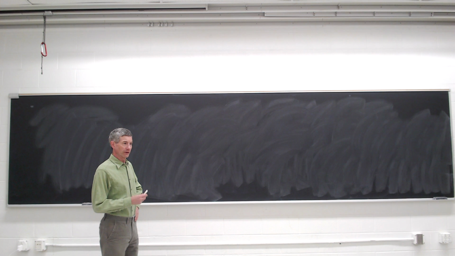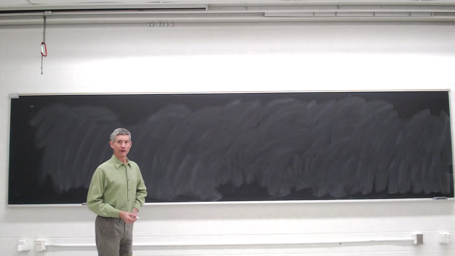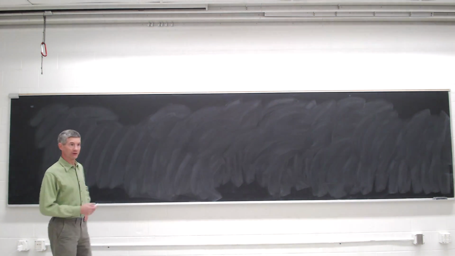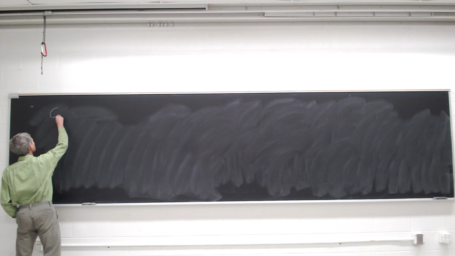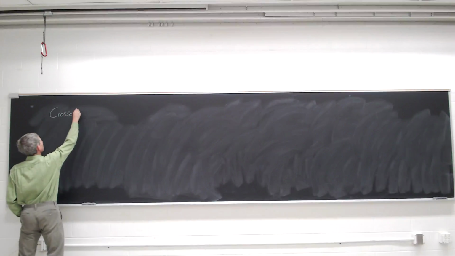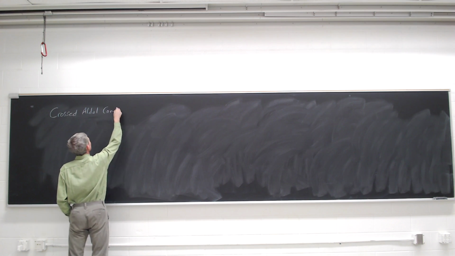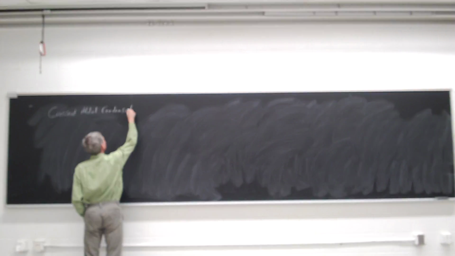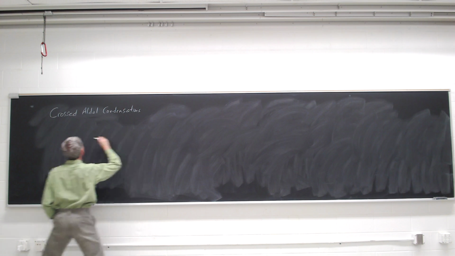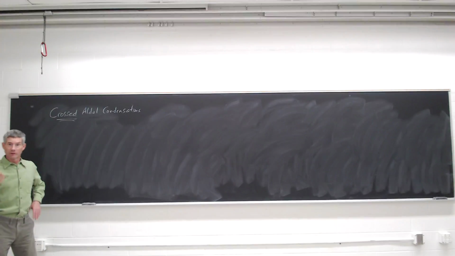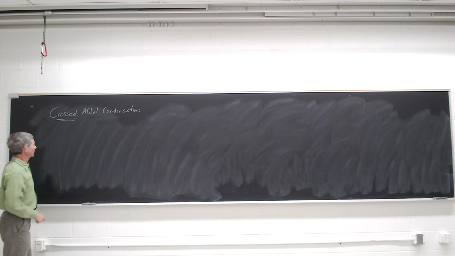So we've done the aldol condensation for either an aldehyde or a ketone when there's just one type of carbonyl present. What happens when there's two different carbonyl compounds in the same pot?